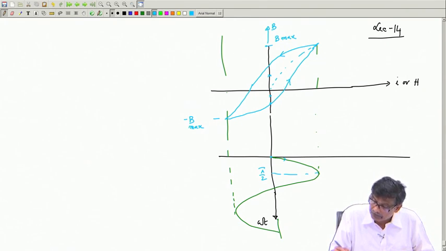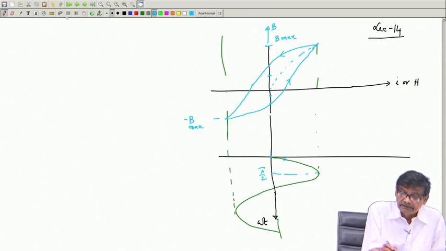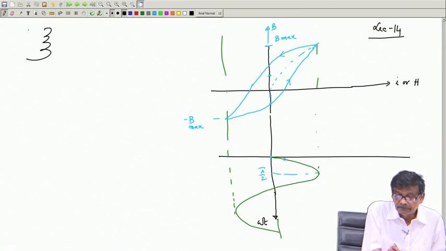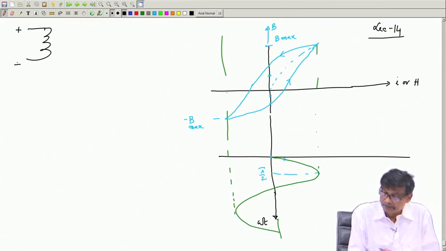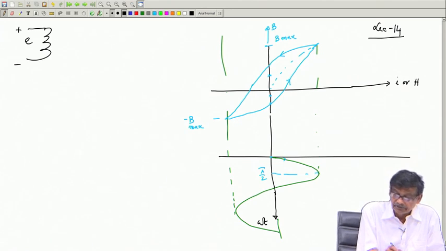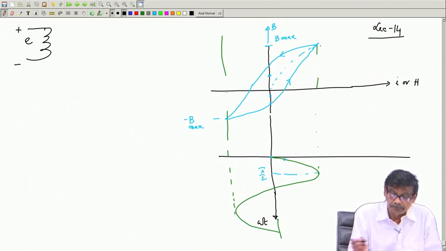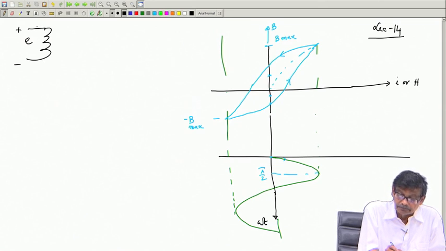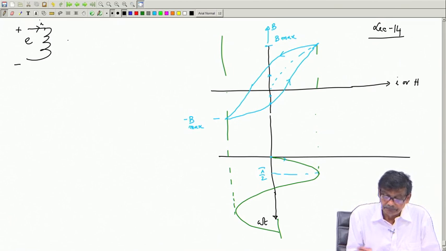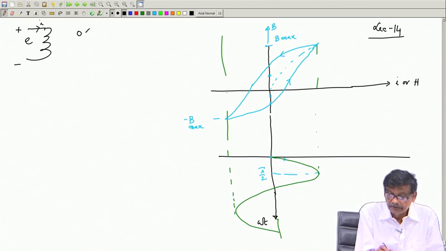So, during this process, the coil voltage will be just like this. Applied voltage is positive, and why will the induced voltage be positive? Because d phi/dt is positive and current is also positive. So, energy will be absorbed. This is between 0 to omega t to pi by 2.